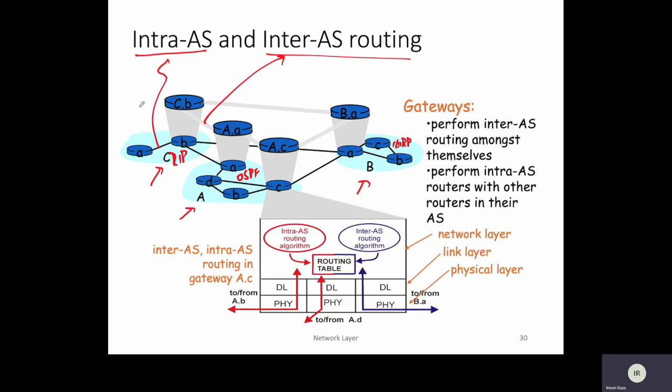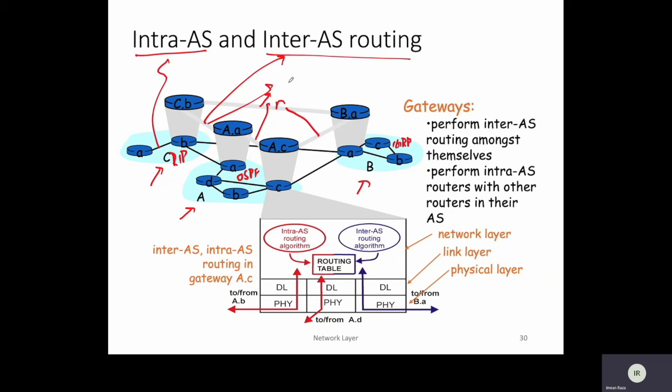Okay, so when I talk about inter-autonomous system routing, it means the communication between the gateway router of autonomous system C and the gateway router of autonomous system A, means this link or this link or this link, right? Okay, or this link.